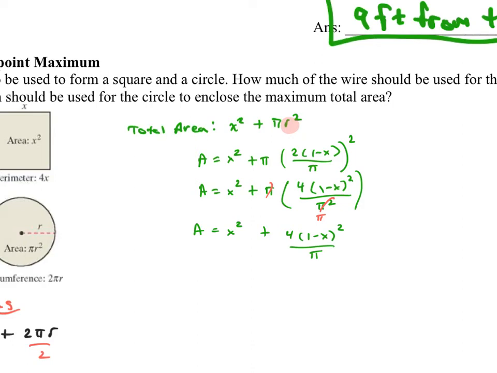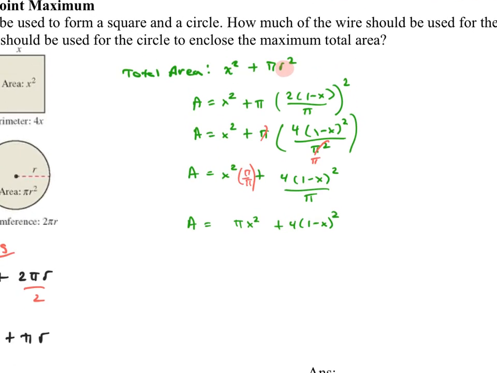So let's get a common denominator, I suppose, because why not? And we would end up with a equals pi x squared plus 4 times 1 minus x quantity squared all over pi. But then what I can do with this is I can distribute out the numerator. So this would be a equals pi x squared plus, well, it would be 1 minus x quantity squared.